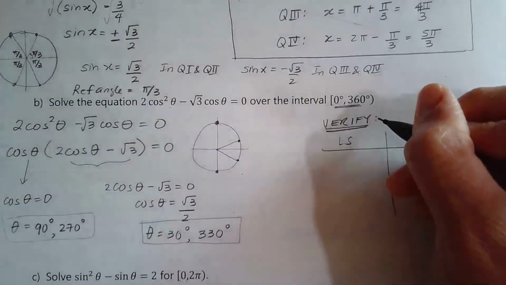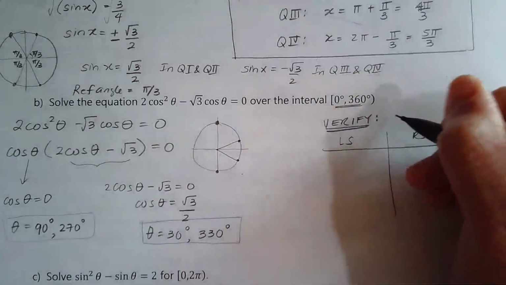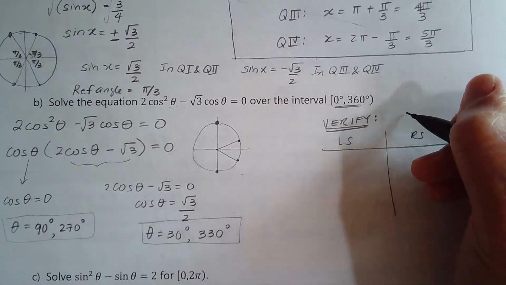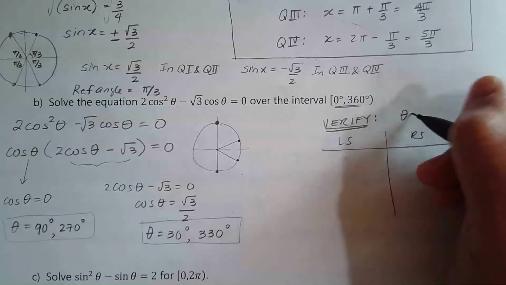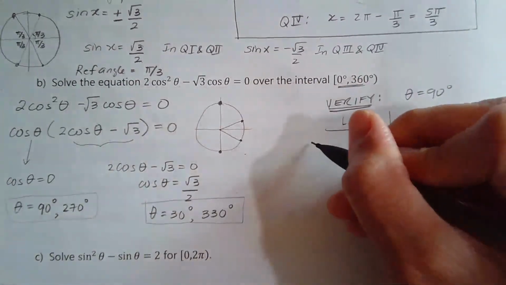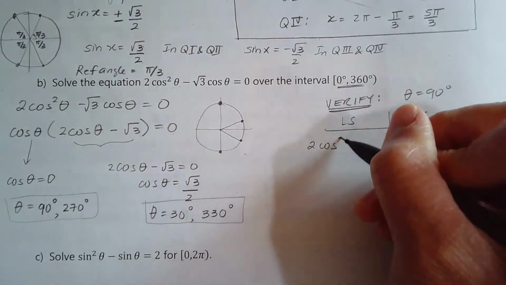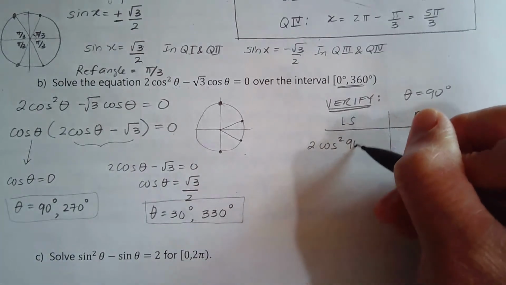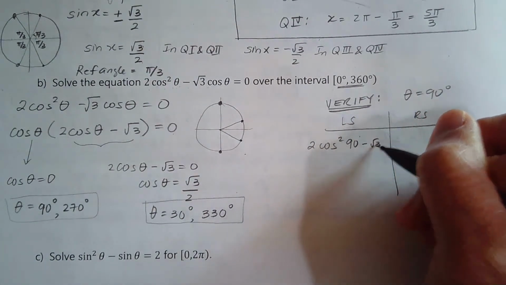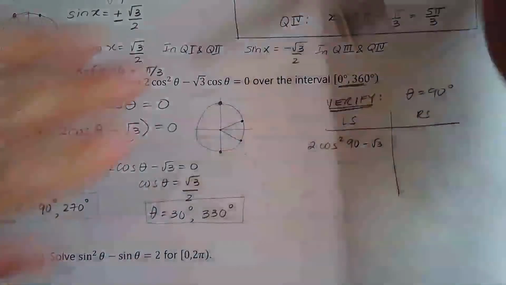I'll do only one so that you can try the other ones if you want. I'm going to do theta equals 90 degrees. Okay, so that's going to be 2 times cos squared of 90 degrees minus root of 3 cos 90.